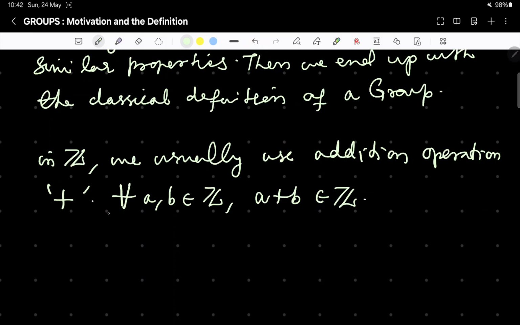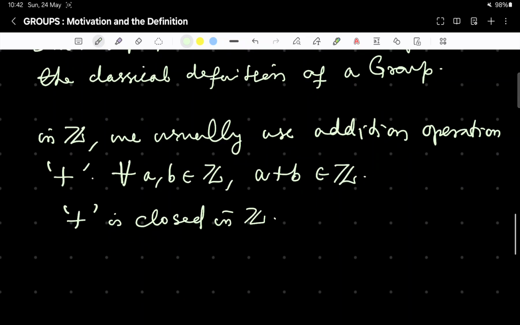So this operation plus is what we call closed in Z. We will see some other types of operations where if you take two elements from a set, the result need not be inside the same set, right? So this is a particular property we observe, and we call it the closure property. Okay, so first case.